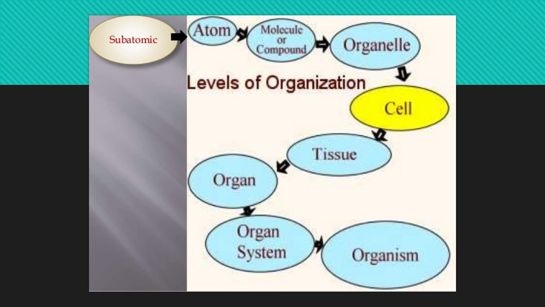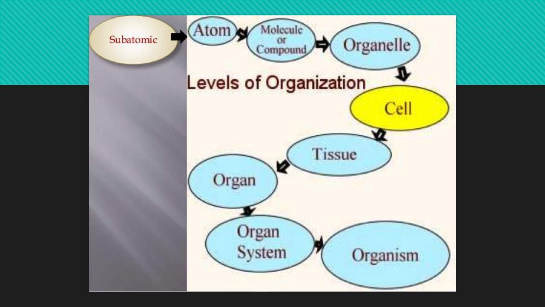That's the protons, neutrons, electrons, and those make up an atom, which makes up molecules or compounds, which makes up organelles, and organelles are like the little things that are inside of the cell and that have their own specific job. Organelles make up a cell, cells make up tissues, tissues make up organs, and organs are all the things we talked about today, like the stomach and pancreas and liver and all that. All of those are organs, and they're made up of tissues.